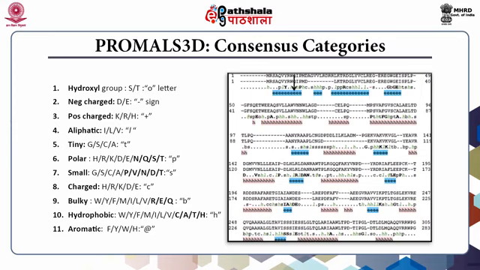The @ symbol indicates the presence of any one of the 4 aromatic amino acids, phenylalanine, tryptophan, tyrosine or histidine. These categories indicate the preservation of one of the 11 types of amino acid groups in a particular column, which actually represents the requirement of the type of residue at the corresponding 3D position in the structure.